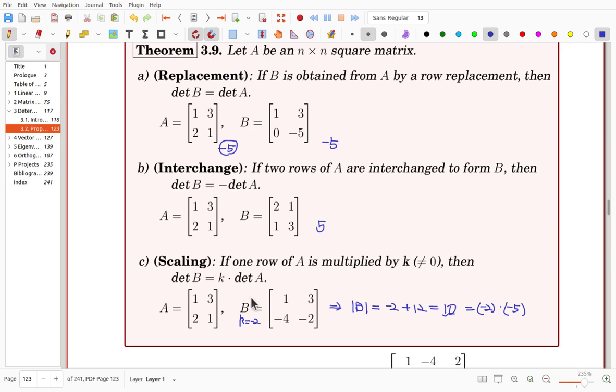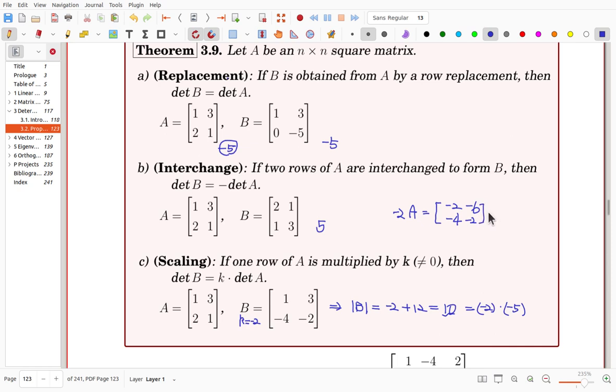But you should not be confused with matrix multiplication by a scalar. For example, minus 2 times A. In this case, we multiply minus 2 into the whole matrix. Then from this matrix, we have minus 2, minus 6, and the second row minus 4, minus 2.